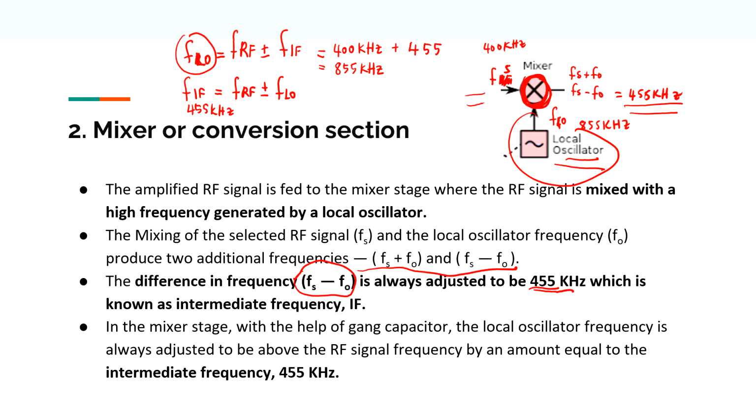At the mixer stage, with the help of a gang capacitor, the local oscillator frequency is always adjusted to be above the RF signal frequency by an amount equal to the intermediate frequency. So here we have a capacitor, and it will change the frequency so that the difference between these two frequencies is 455.